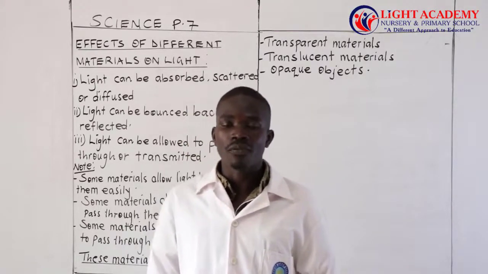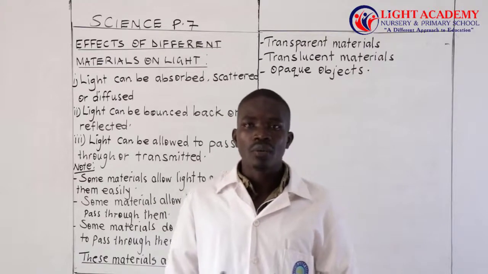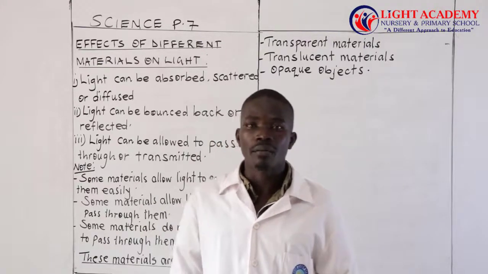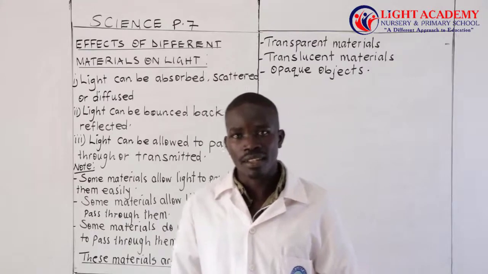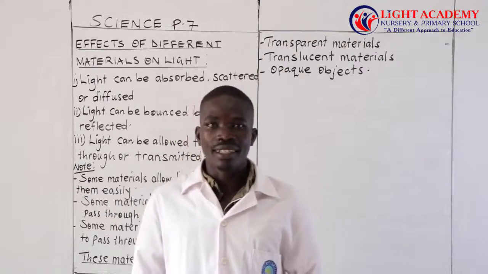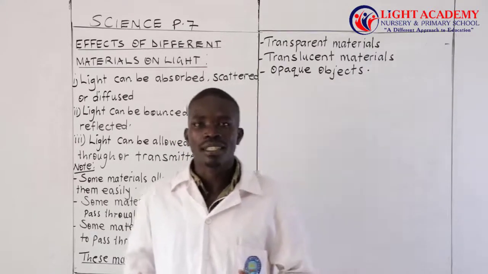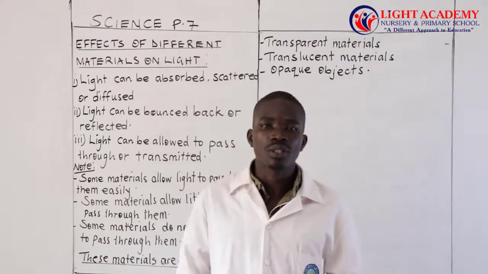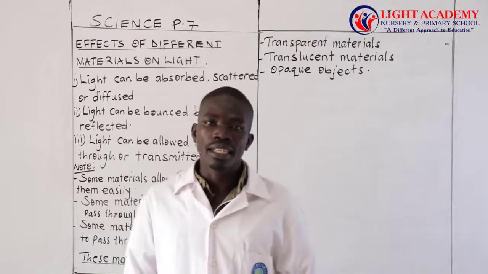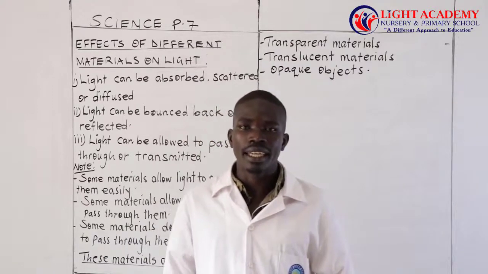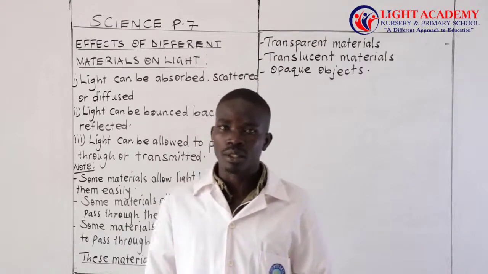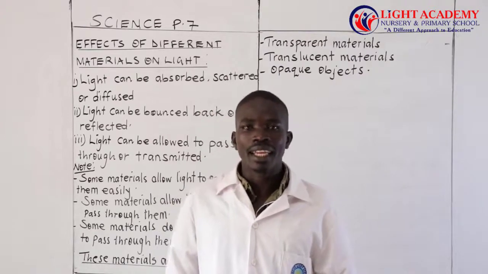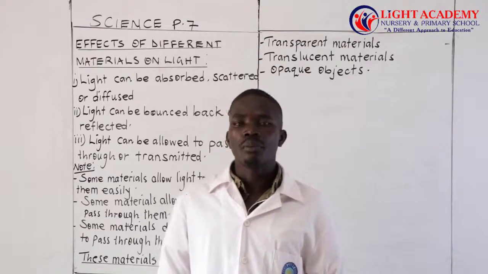And we looked at the fireflies, the glowworms, and the stars as the natural sources of light. Then we went on to the artificial sources of light, things which are made by man and can produce light, like electric bulbs. We looked at candles, lighted lamps, with very many other things.